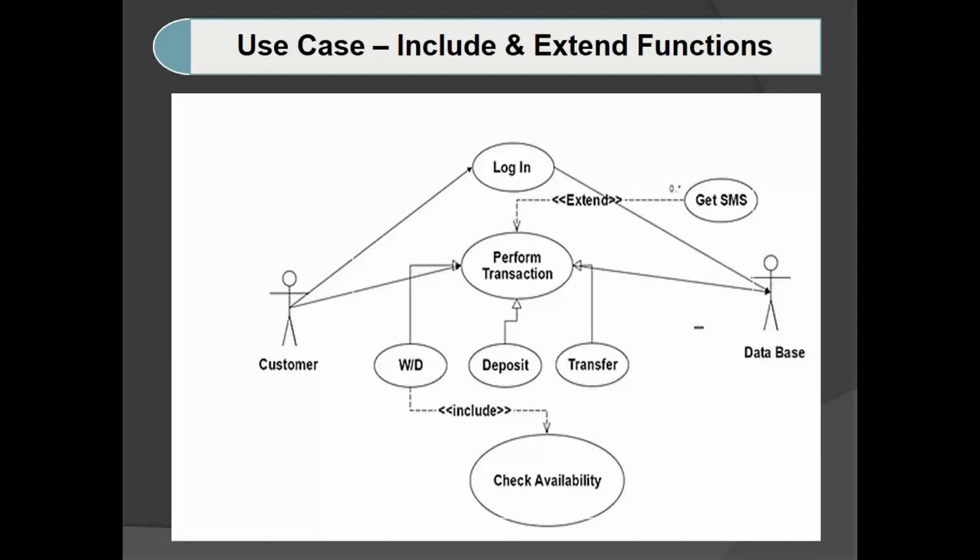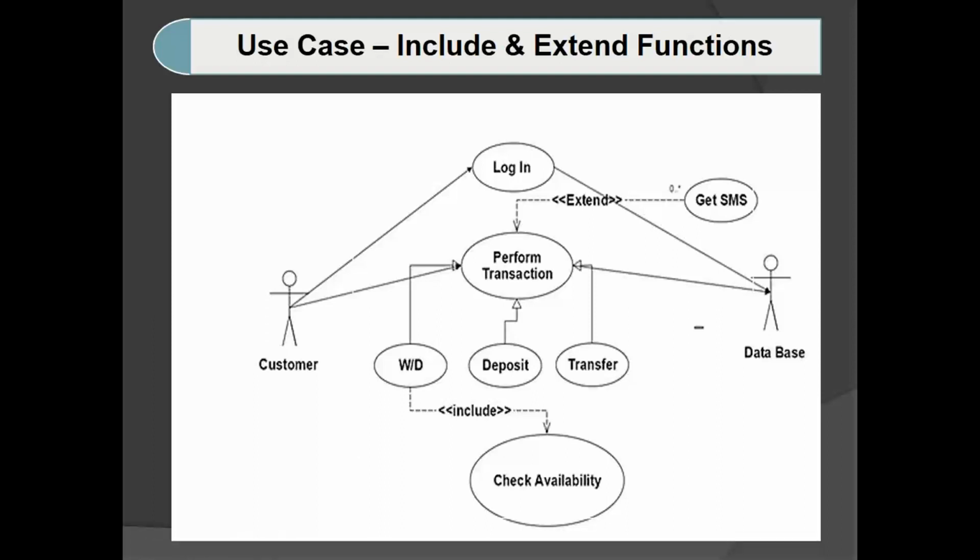So you will go to the ATM center, dip your card, enter your PIN and select the withdraw function, and you will select the amount as 2,000 rupees. Once you select the amount, in the include action, inside the system, it is going to trigger the check availability function.